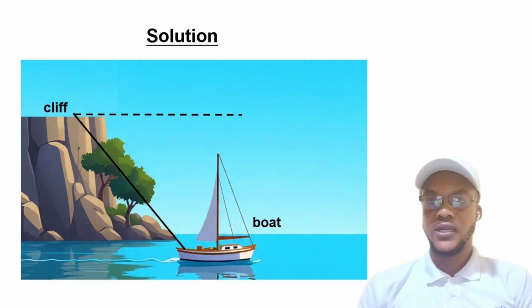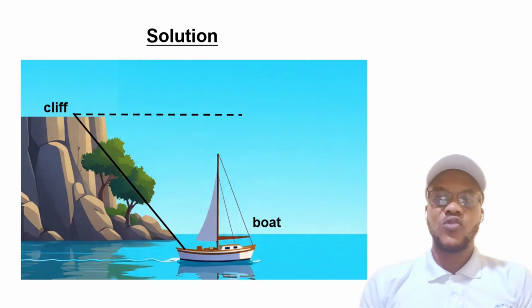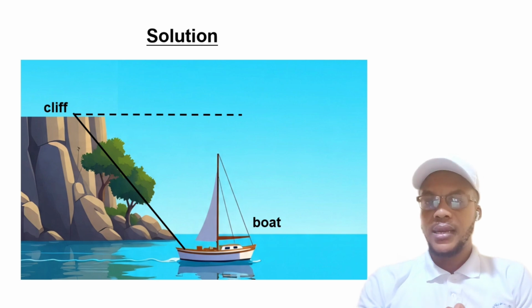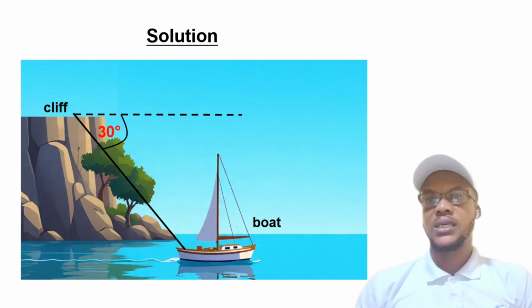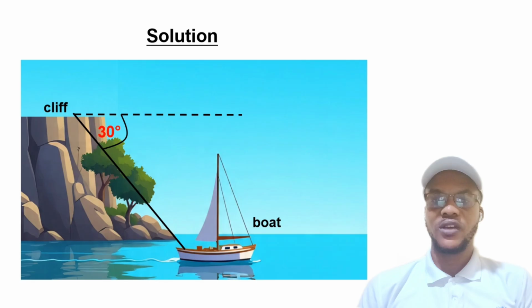It is the angle between the horizontal line of your sight and the line of your sight to the object. In the question, we are given 30 degrees as the angle of depression.